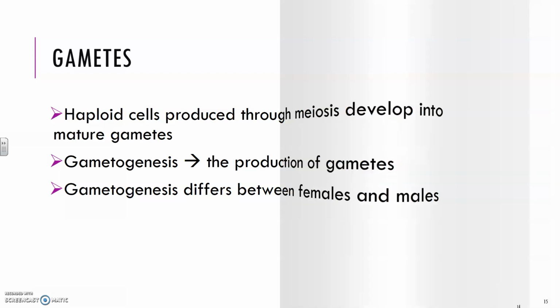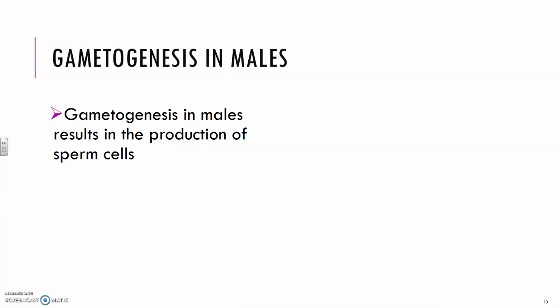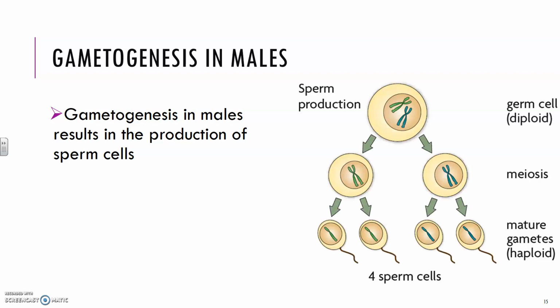In males it's a little bit simpler. Gametogenesis in males results in the production of sperm cells, and while it's going through these different stages of meiosis, it actually divides the cytoplasm relatively equally.